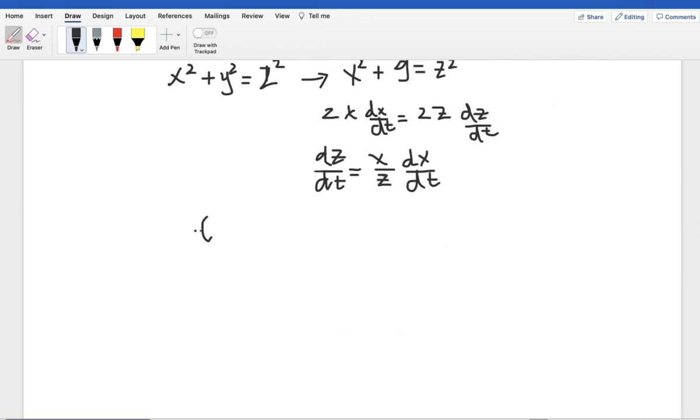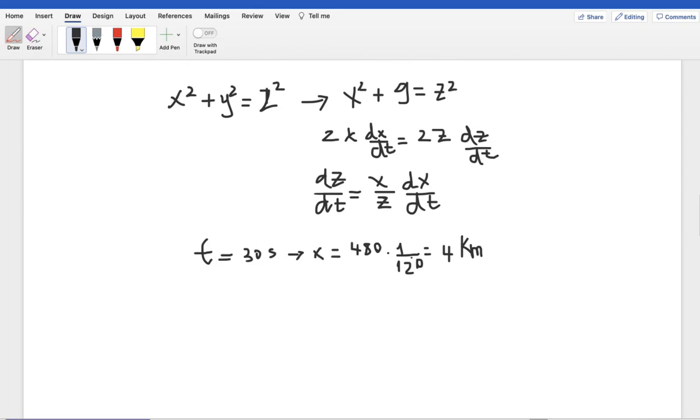And therefore at t equal to 30 seconds, we have that x is equal to 480 multiplied by 1 over 120. And obviously this gives us 4 kilometers. Right? So now we have x.